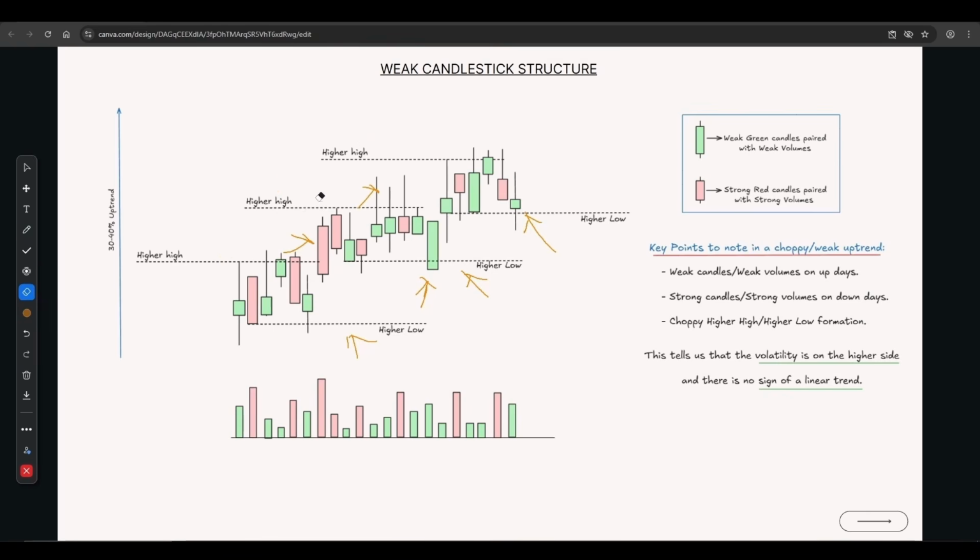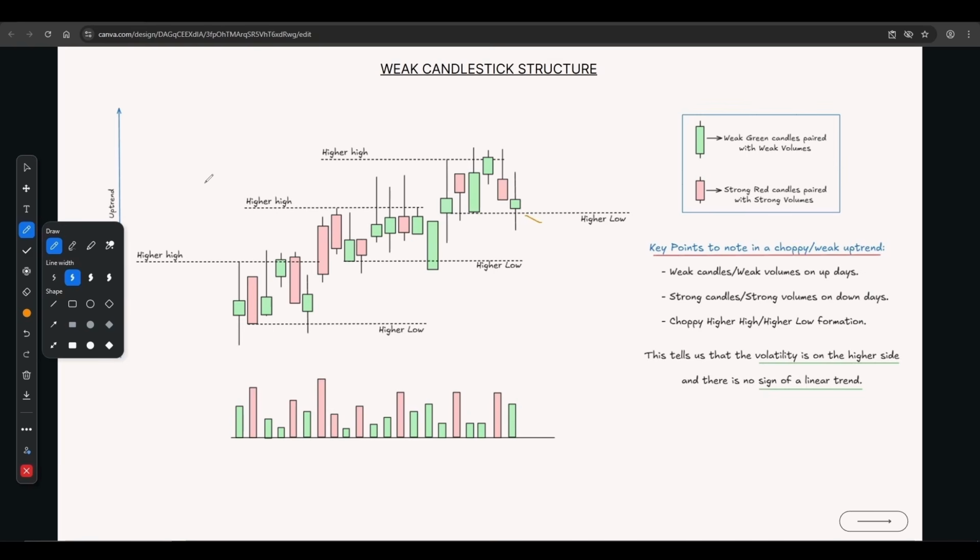Whenever this type of price structure happens in any kind of structure that we are analyzing, then we should automatically delete it from our watch list until the price structure gets more linear and more clean, which fulfills our criteria.